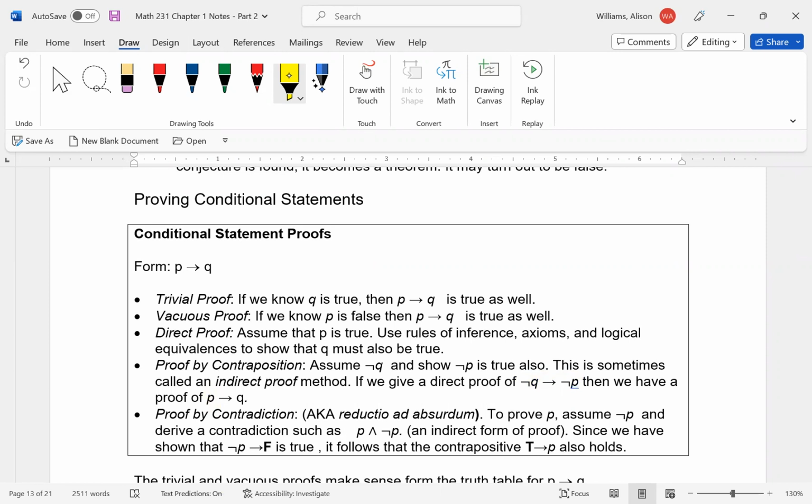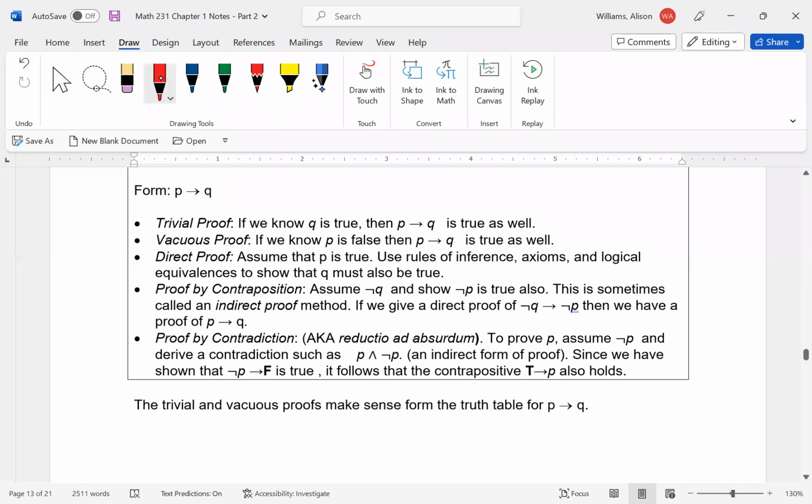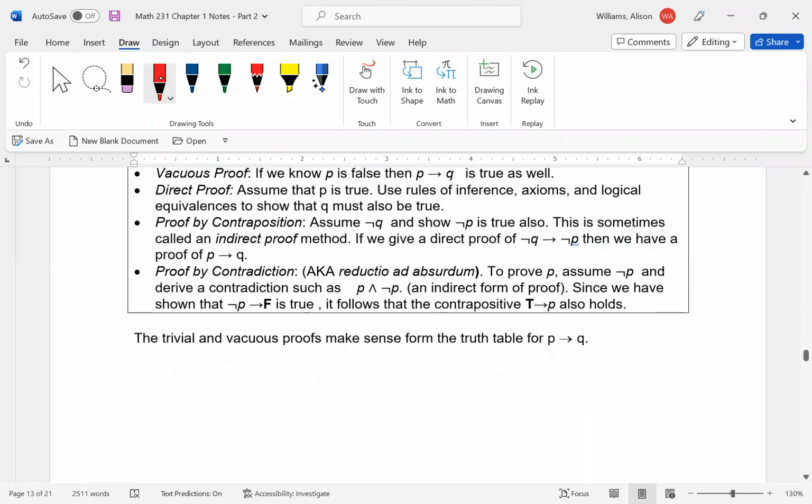Before we do, though, I want to comment on trivial proof and vacuous proof. So those actually follow from the truth table for P implies Q. This is back in section 1.1 when we looked at the truth table for P implies Q. So here's P, here's Q, P implies Q. We would go true, true, false, false, true, false, true, false.